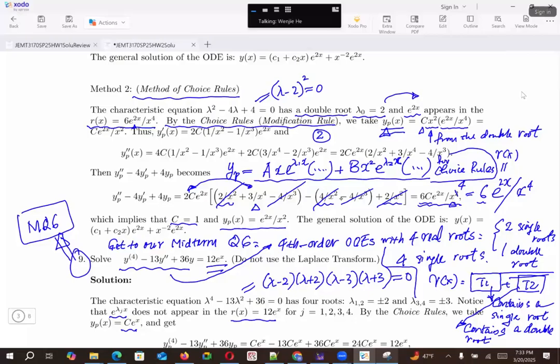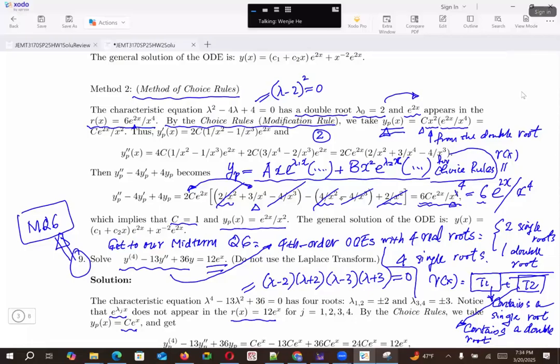But with variation of parameters, because you have 4 homogeneous solutions, that's too much work. And we didn't talk about how to solve a 4th order ODE by the variation of parameters method. So you should use this method for 4th order. All right, so that's this question.